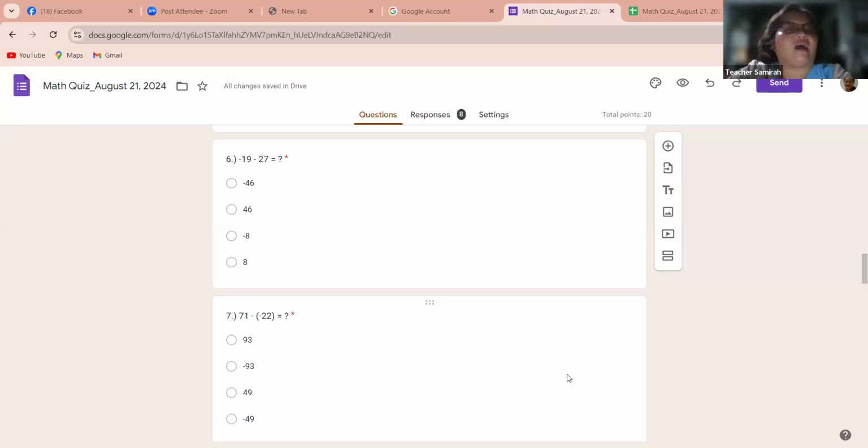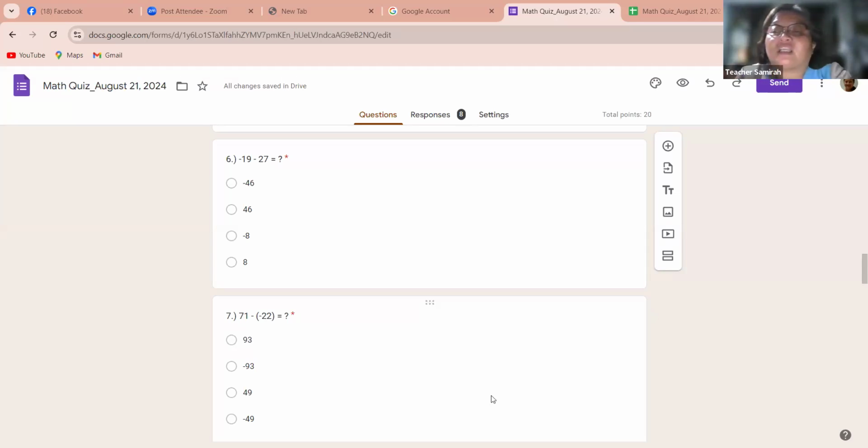Are we going to add or subtract? Take note, they have two different signs. What are we going to do?